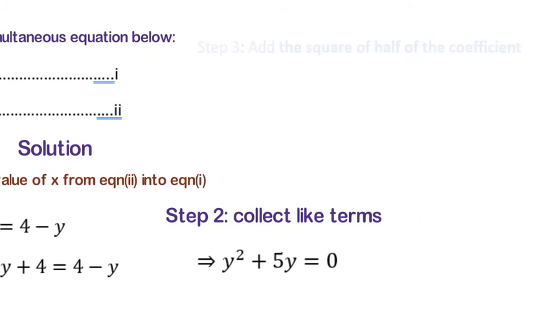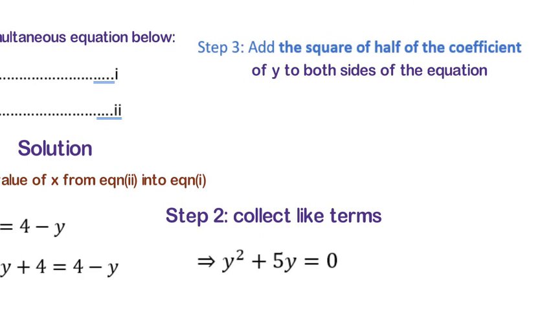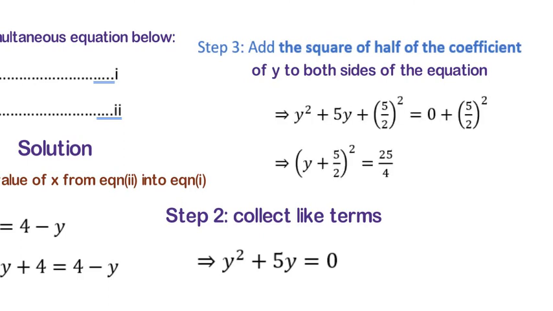So proceeding to step 3, add the square of half of the coefficient of y to both sides of the equation. We have y² + 5y + (5/2)² = 0 + (5/2)².